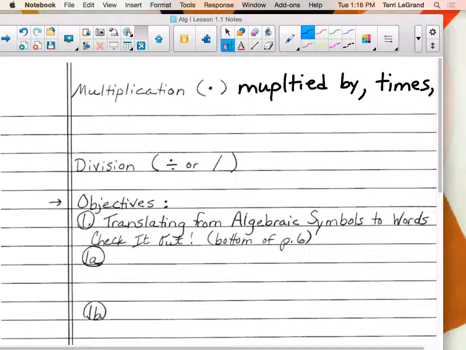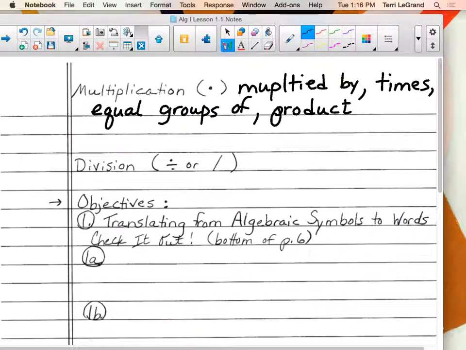Jaden. Equal groups of. 4 equal groups of 3. I don't want equals, I want equal groups of. We know we gotta multiply 4 times 3. Connor. Product. The answer you get when you multiply is called a product.